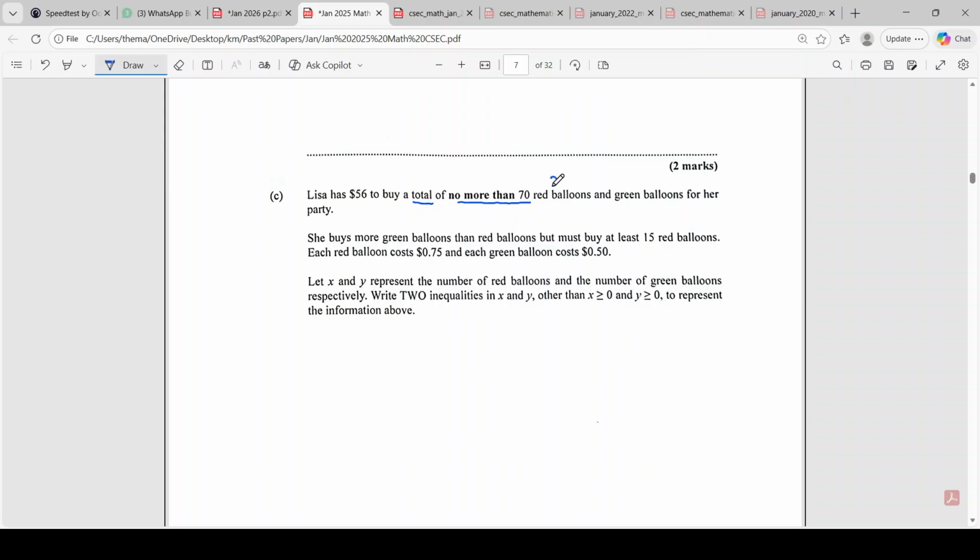Red is X and Y is green. So she wants to buy a total of no more than 70. So the first inequality, I would say X plus Y. When you add up the red and the green, it is no more than 70. So that means it should be less than or equal to 70. Right? No more than 70.